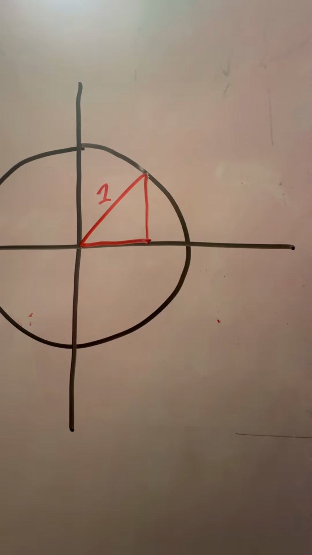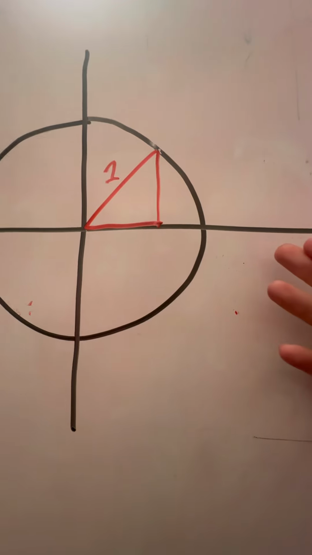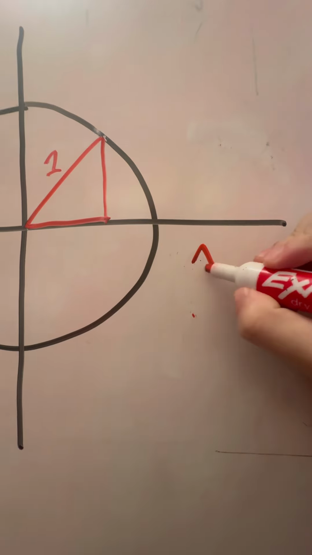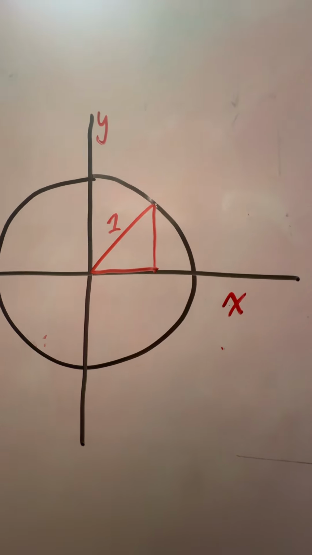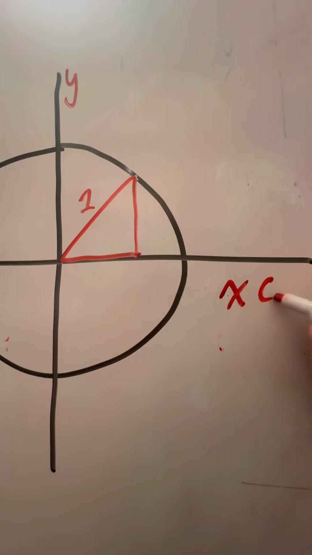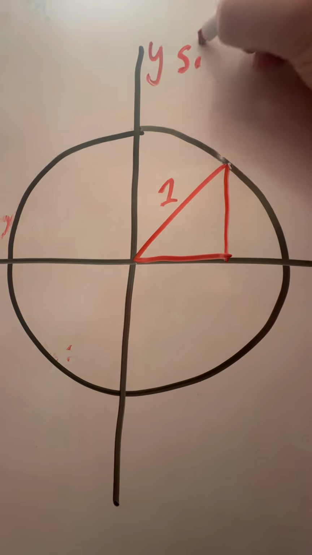And if we recall, on the unit circle, the horizontal distance, or the x-axis, and the y-axis, we actually define them with sine and cosine. So this is usually defined as cosine, and this is usually defined as sine.